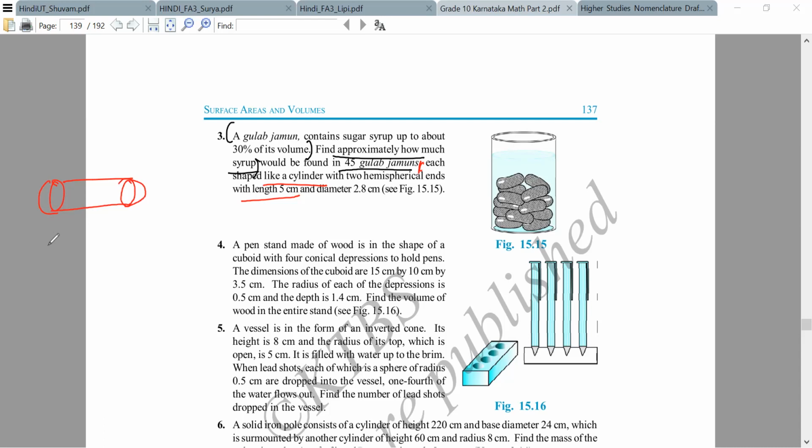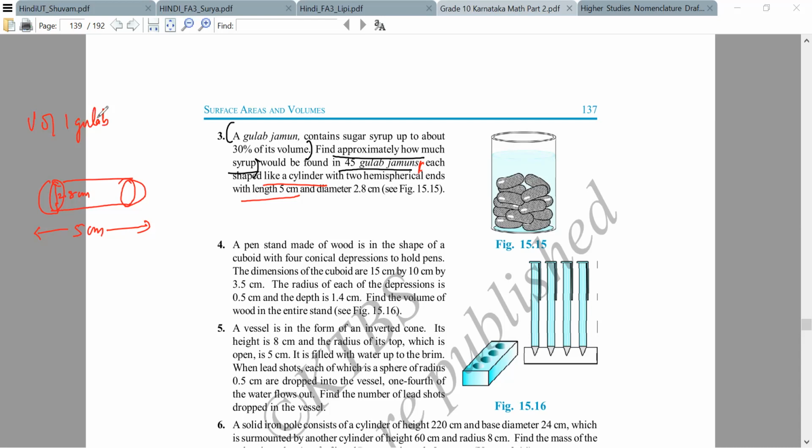Will it be the full gulab jamun's length, or only this much? Full gulab jamun's length. Each shaped like a cylinder with two hemispherical ends with length 5 centimeter and diameter 2.8 centimeter. So 2.8 gives a radius of 1.4. So there is the volume of 1 gulab jamun.